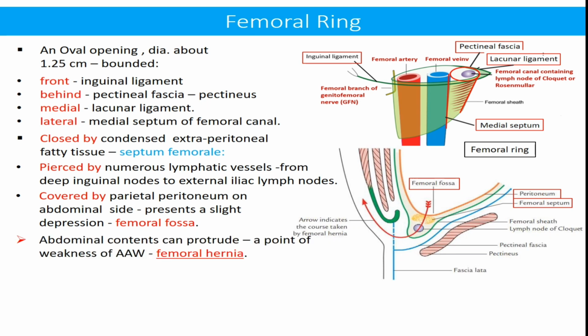It is a point of weakness of the anterior abdominal wall where abdominal contents can protrude through this weakness, and this status is named as femoral hernia.